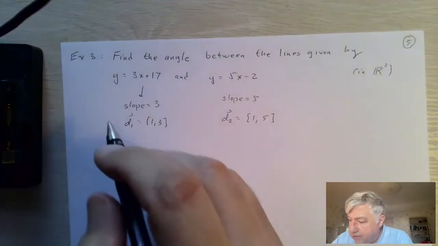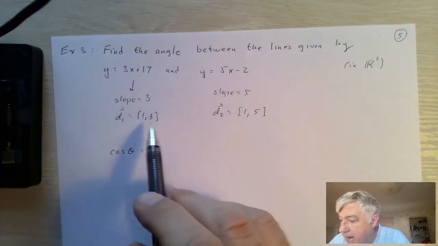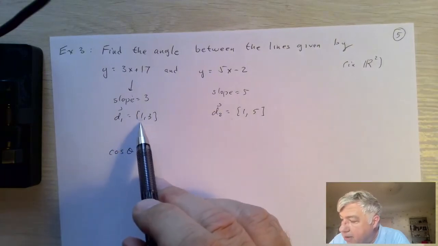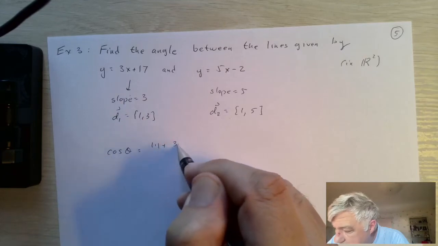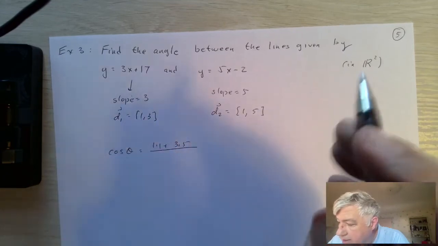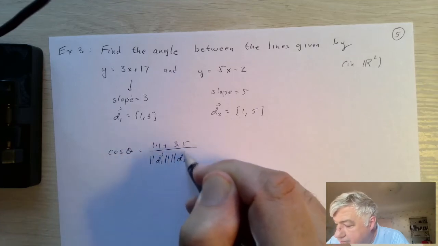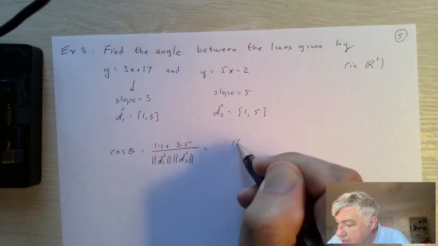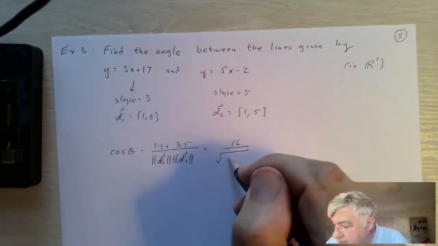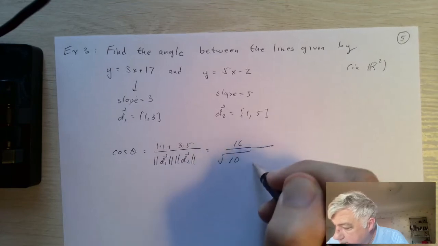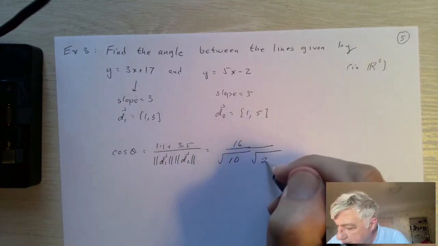And so the cosine of theta would be the dot product: 1 times 1 plus 3 times 5, over the length of D1 times the length of D2. This is 16 over the square root of 1 squared plus 3 squared, so that's 10, and the length of D2 is the square root of 1 squared plus 5 squared, so that's 26.